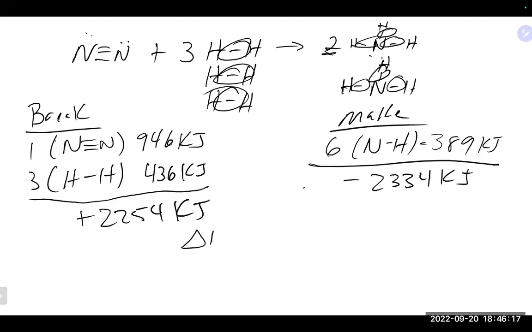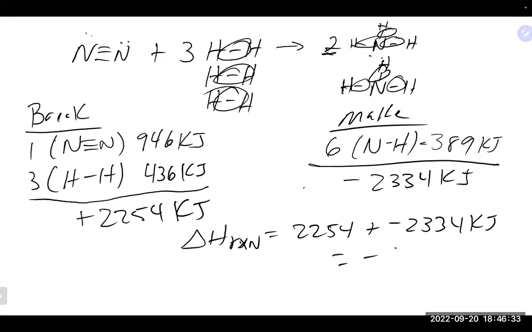That means our delta H of this reaction based on bond enthalpy would be 2254 plus a negative 2334 kilojoules, which gets you negative 80 kilojoules in this case. Also exothermic based off of bond energy.